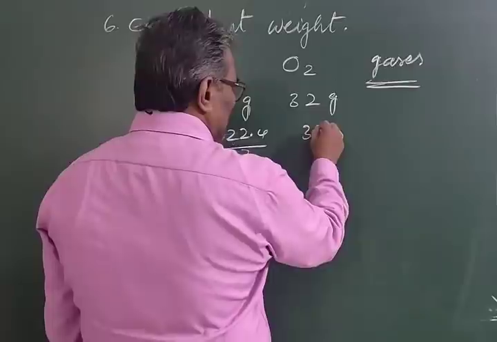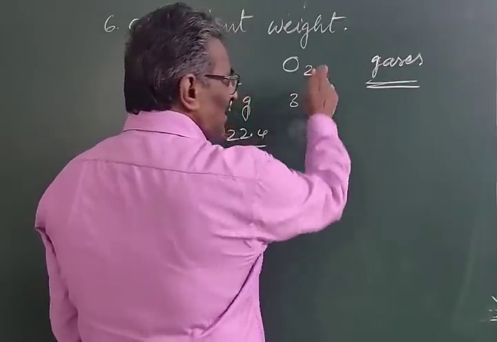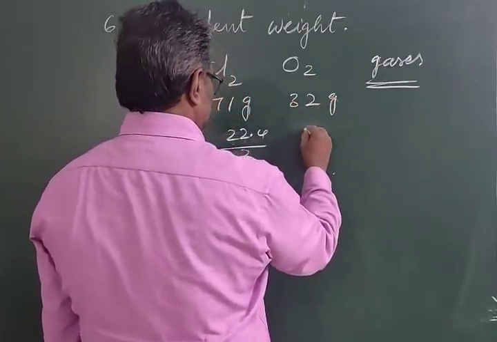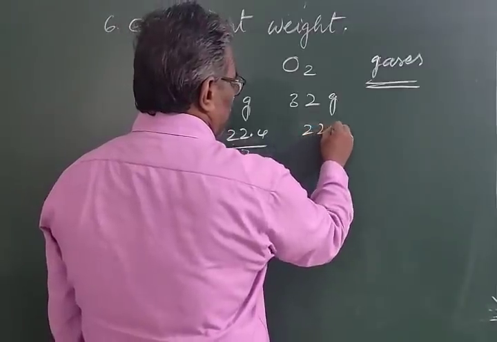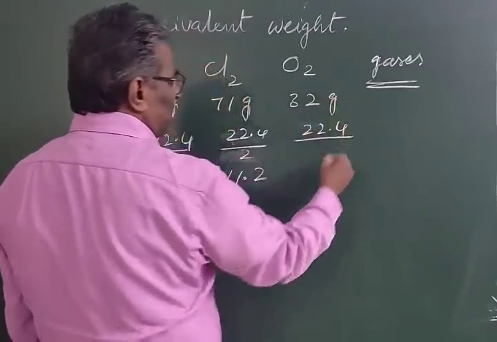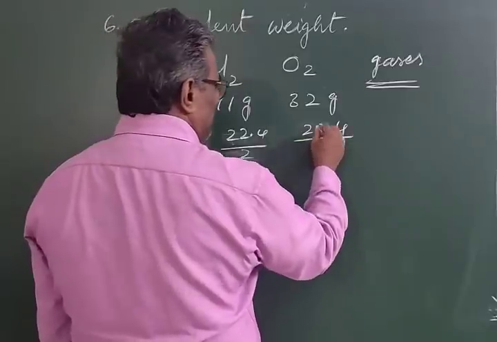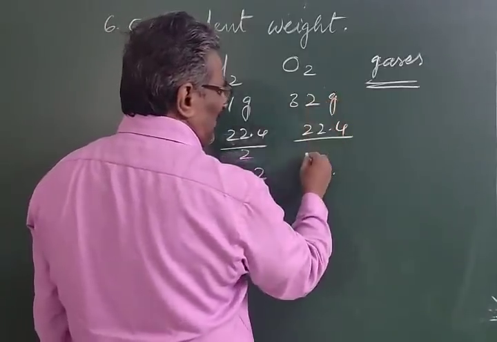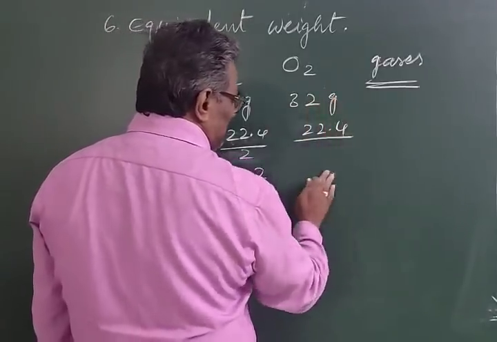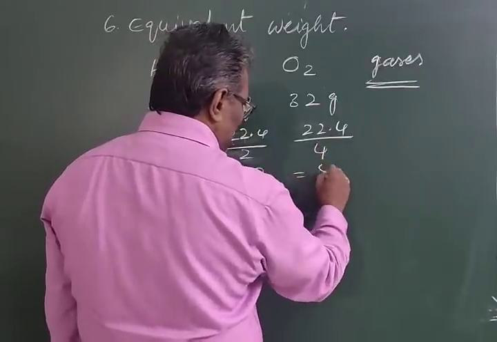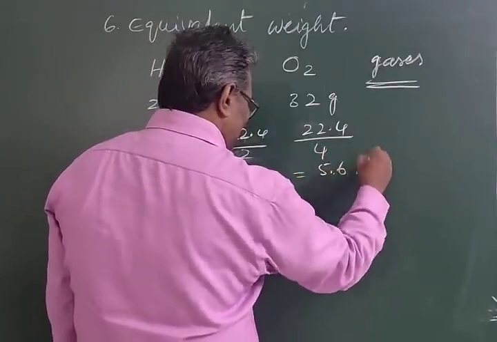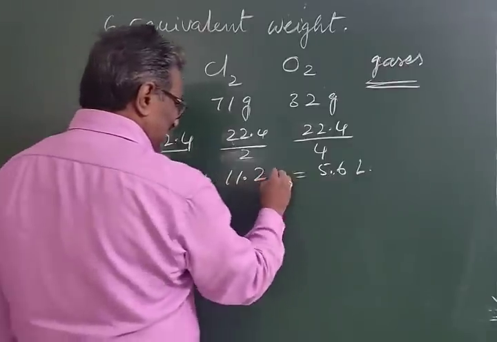Here 32 grams of oxygen occupies 22.4 liters. How many liters of oxygen weigh 8 grams at STP? 22.4 by 4, that is equal to 5.6 liters. These are all in liters.